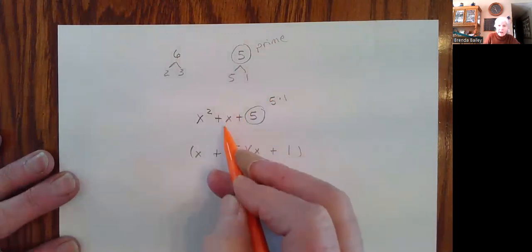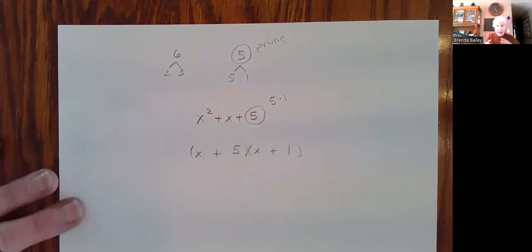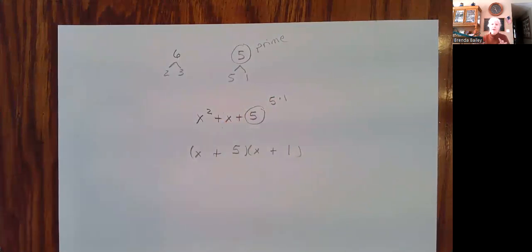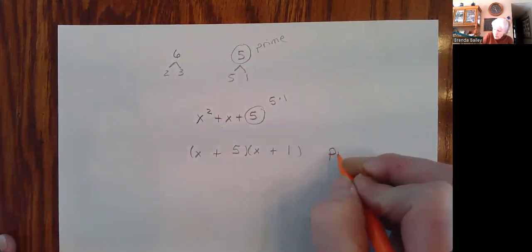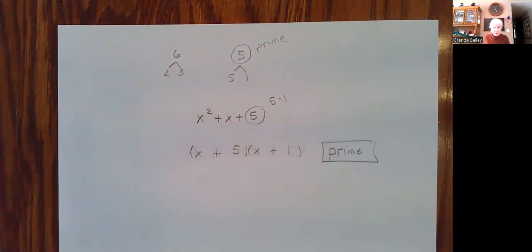But I don't get 1. I get 6x. All right, so if that happens and you've tried the combinations and nothing seems to work, then we say that this is prime, and you would click the prime button. That will always be an option in these factoring problems. All right, so that doesn't happen very often, but it can. So I just kind of wanted to touch on that a little bit.